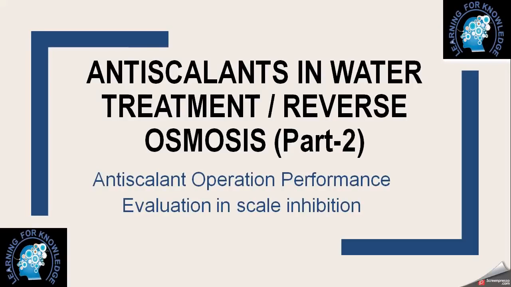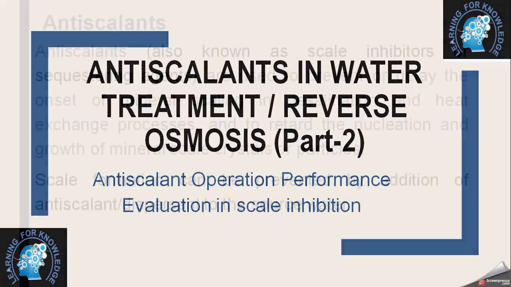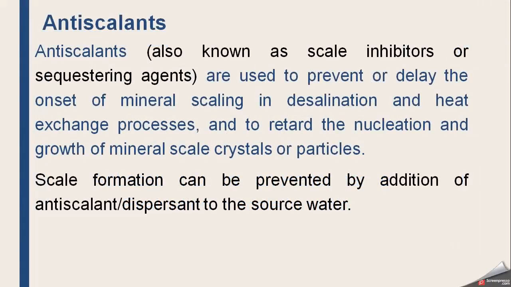Now we will describe their operational performance and how we can evaluate which parameters affect their performance in this video. Antiscalants, which are also known as scale inhibitors or sequestering agents, nowadays are used to prevent mineral scaling formation in desalination and heat exchanger processes.